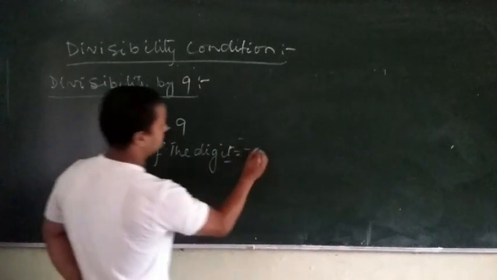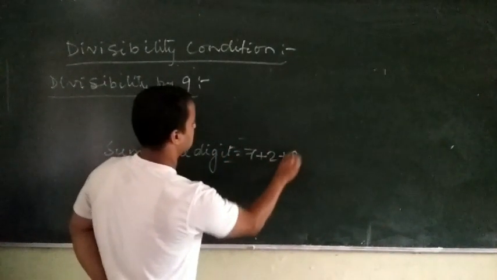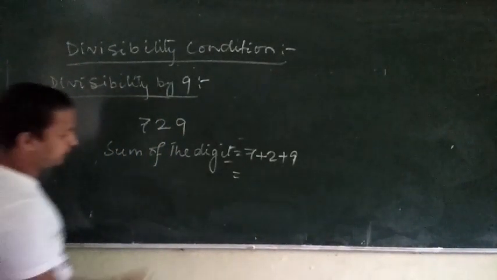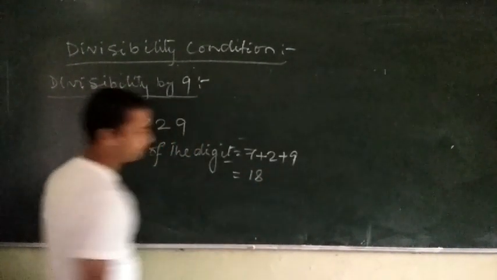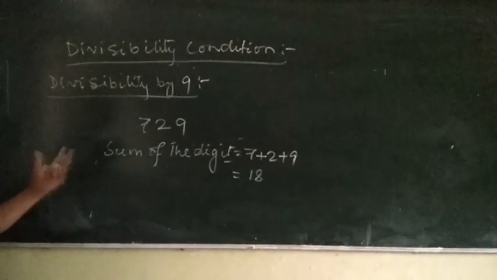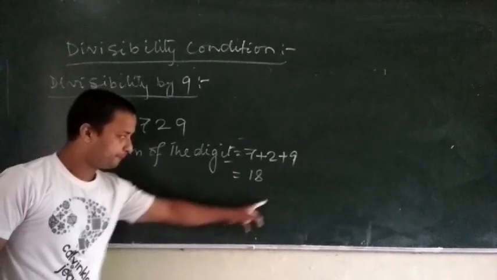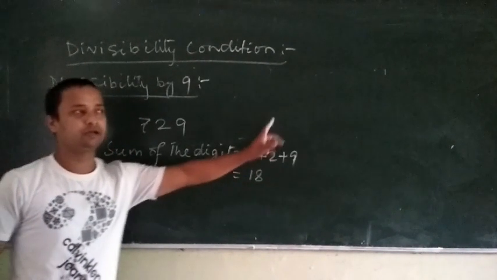Sum of the digits is equal to 7 plus 2 plus 9. After adding, we have got 18. So for 3, we said the sum should be a multiple of 3.